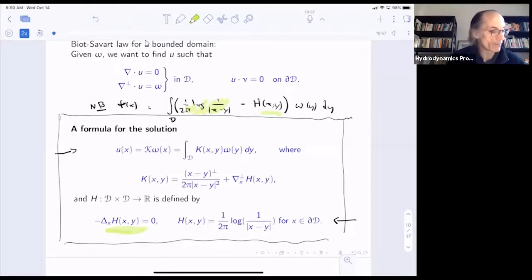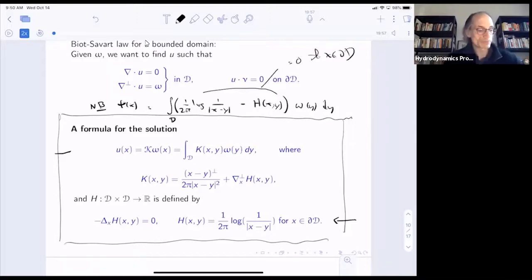So I want to know that if x is in the boundary, then I'd like this to vanish. And for that, I just need, for every y, note this, by the definition of psi, this equals 0 if x is in the boundary of D. Okay, and so what I've done is I've modified the kernel, valid on all of R2, in a certain way so that this function psi will solve the right equation and have the right boundary conditions.